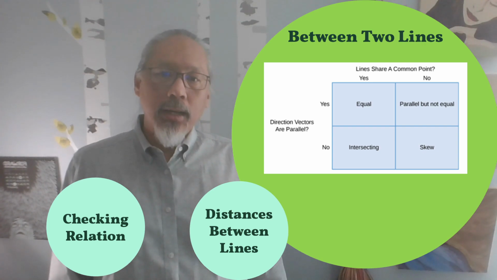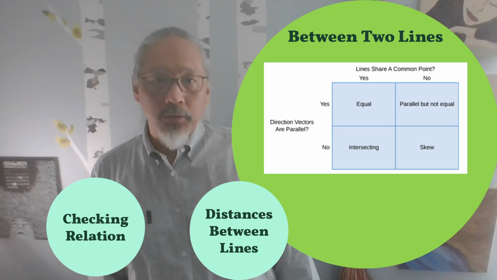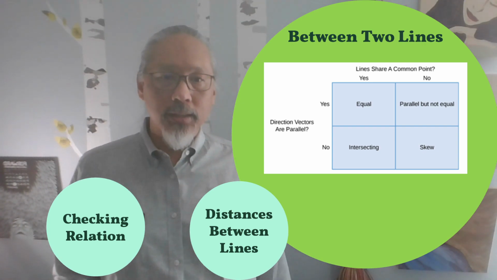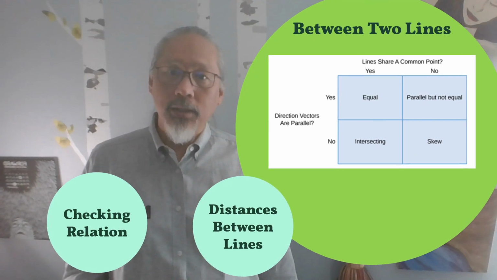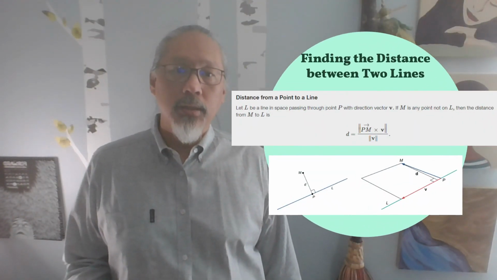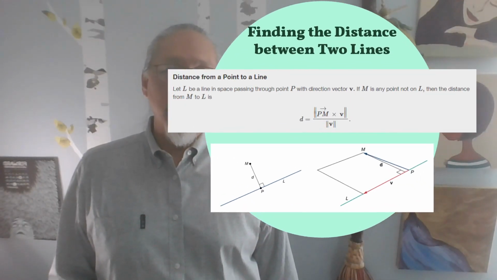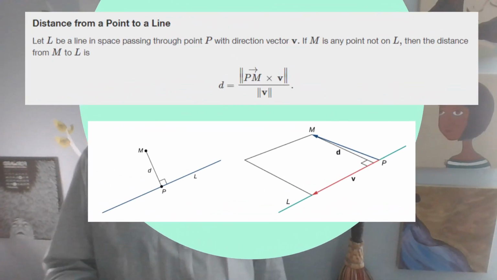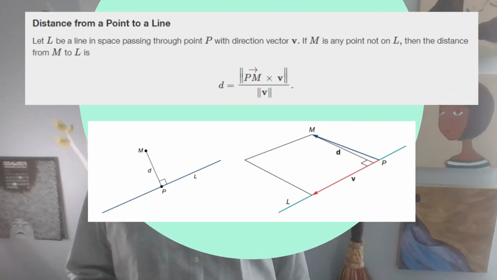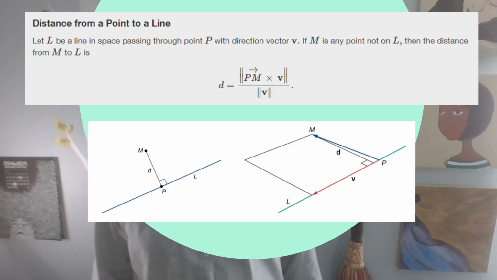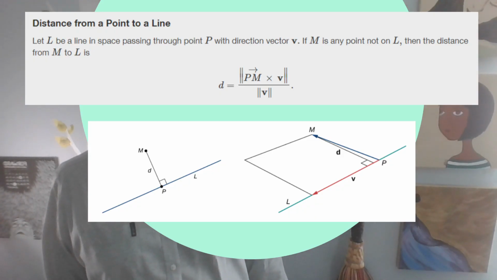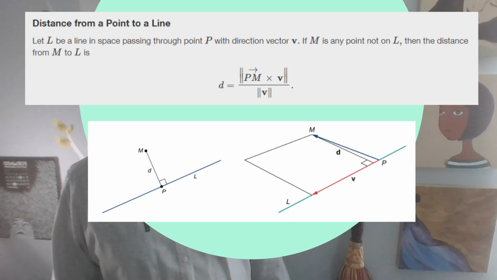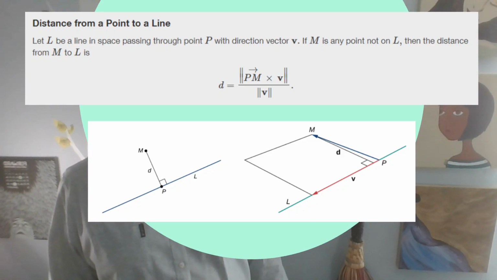Now, if the lines are parallel or if they're skew, that is to say, if they're not the exact same line or they don't intersect, then there must be a distance between the 2 lines. And one way to find the distance between 2 lines is to find the distance between a point and a line. And one way to find the distance between a point and a line is to establish, if you remember, the magnitude of the cross product gave us the area of the parallelogram.